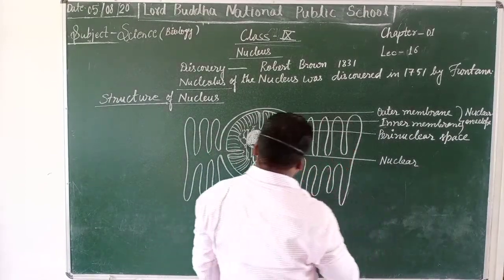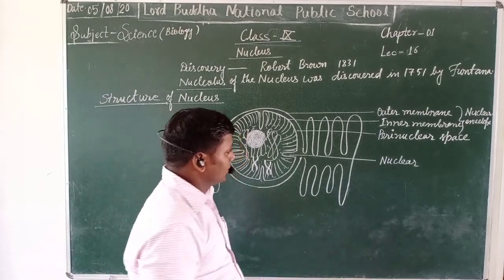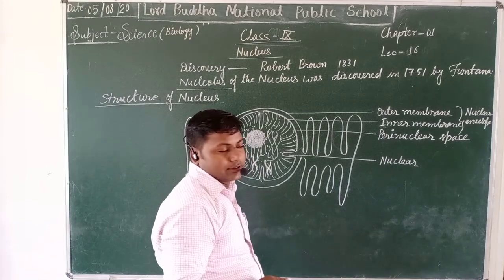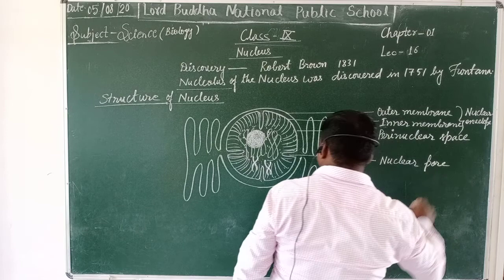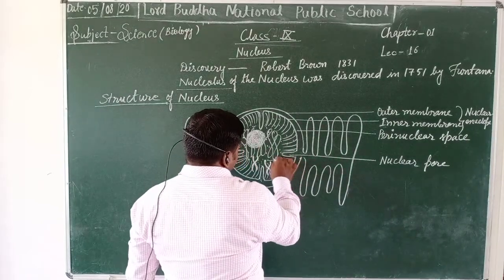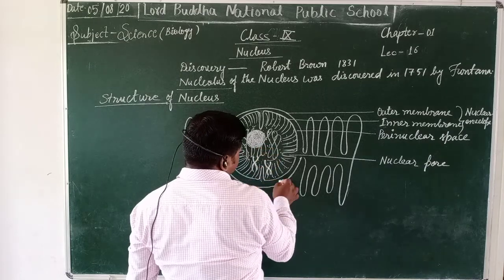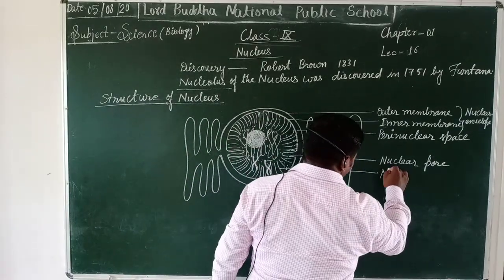Thus, they provide the relationship between the cytoplasm and nucleoplasm for easy transportation of substances. This is the nuclear pore. And the fluid content present inside the inner membrane is the nucleoplasm.